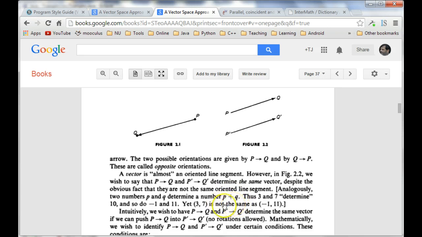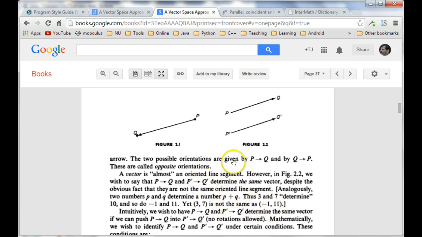So you can have a sum P plus Q that adds up to a particular number, but your P and Q could be very different. You could have 3 and 7 determine the number 10, but so does minus 1 and 11, right? So these two different components, even though they're different, 3, 7 is not the same as minus 1, 11. These different components can determine the same thing.